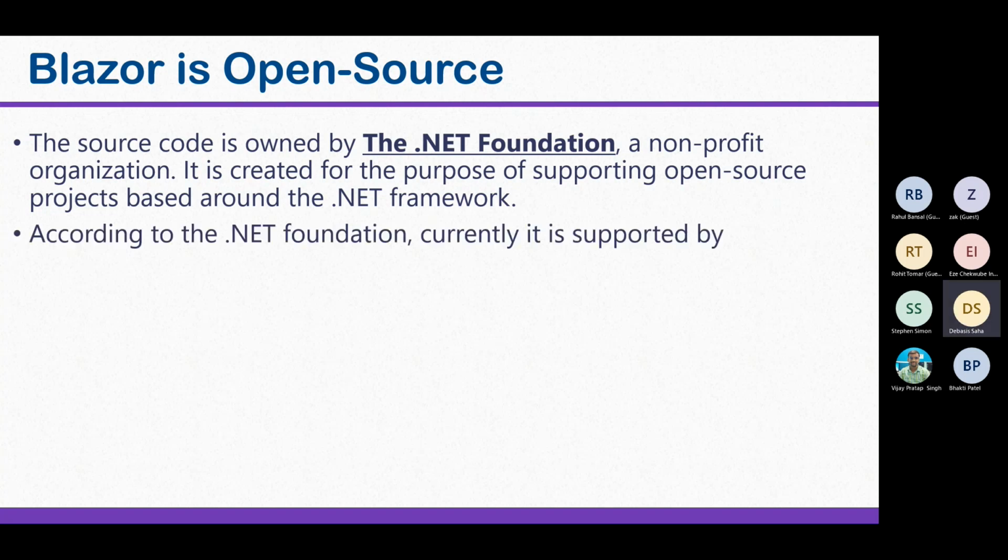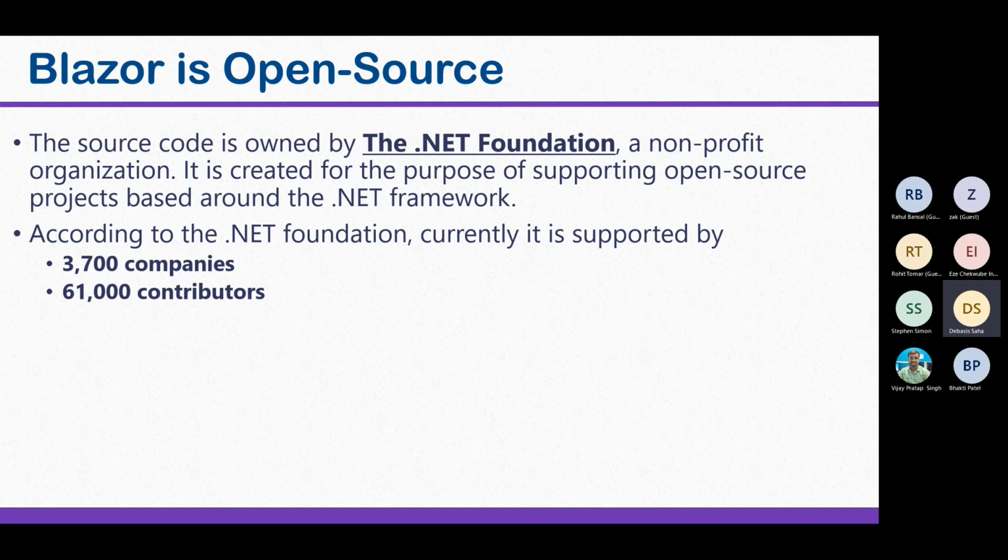According to the .NET Foundation, the Blazor framework is right now supported by around 3,700 companies which are using or supporting the Blazor framework as developers or in different projects. Also, for the Blazor open source project, there are more than 61,000 contributors.